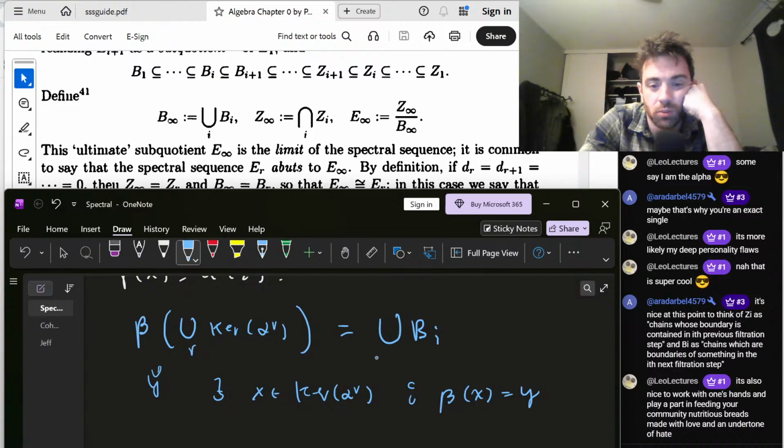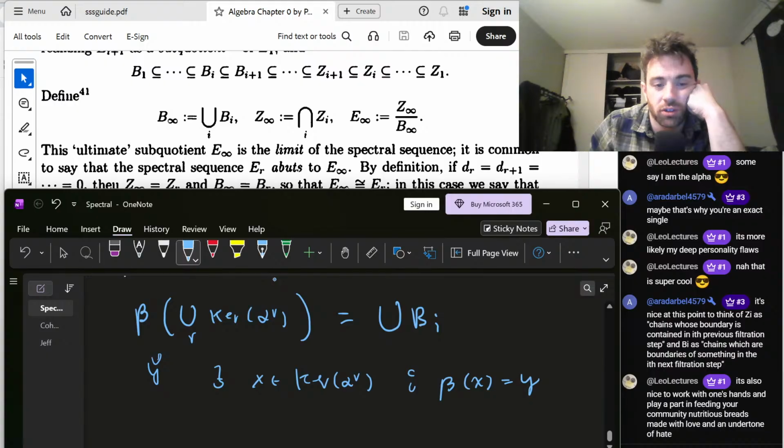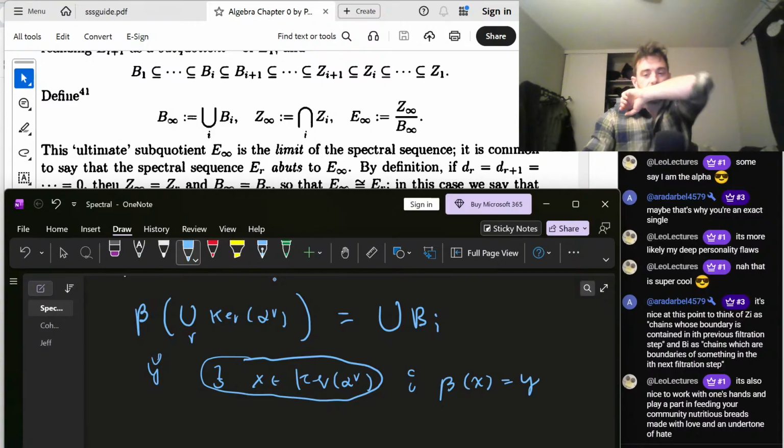Maybe this one does make more sense because X is in the kernel of some fixed, say some fixed R. I can choose an X in one of these kernels. And what does that mean?